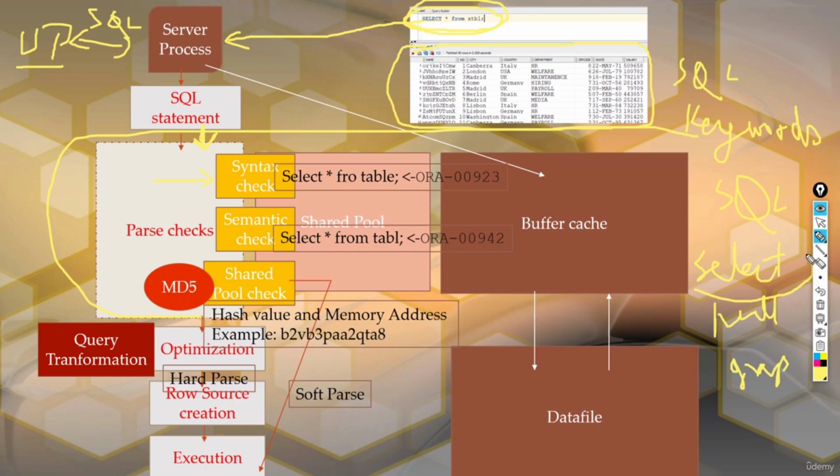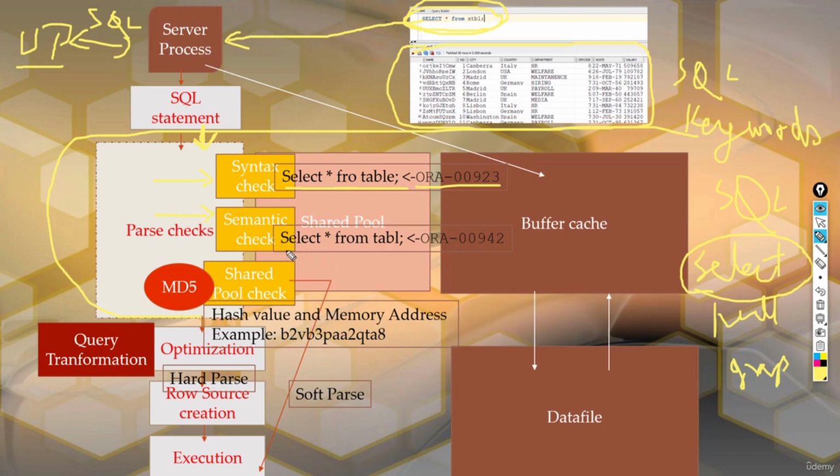Okay, the only keyword which is supported is select, right? So first it checks for the syntax. Okay, if the syntax is wrong, say here instead of from I write fro, Oracle throws an ORA-00923 error. Then it goes for the semantic check.